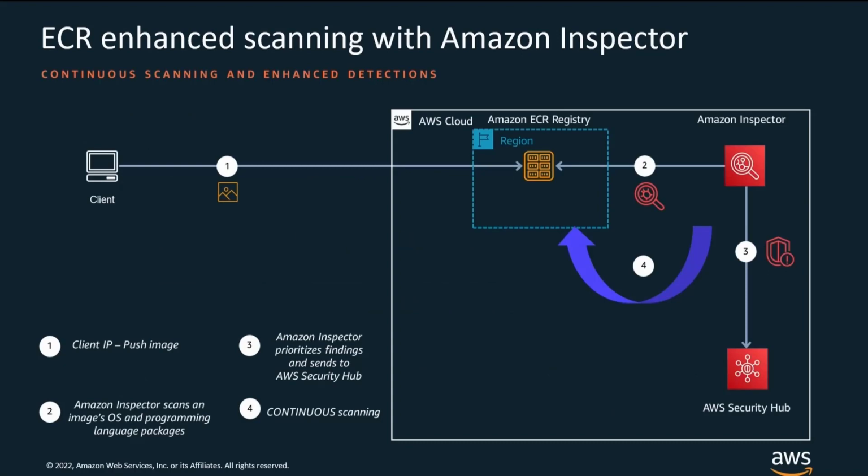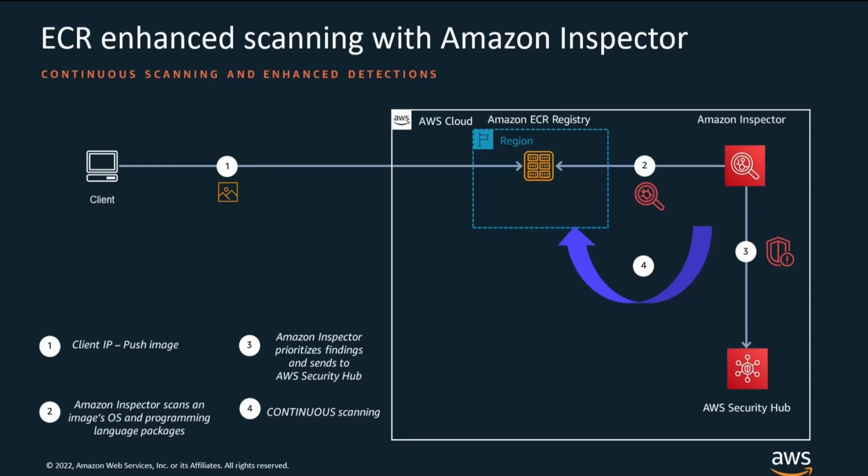You have a client which pushes the image out to the Amazon ECR registry, and you would configure your registry for enhanced scanning. Once it's configured, Inspector detects that an image was pushed with that particular filter or tag, and it will automatically scan the image's OS and programming language packages.